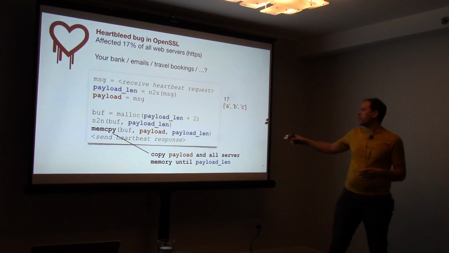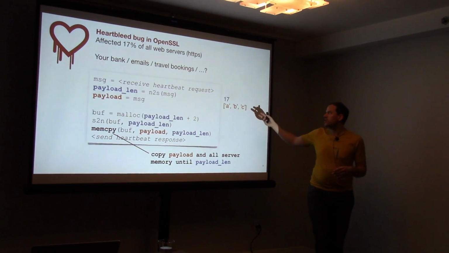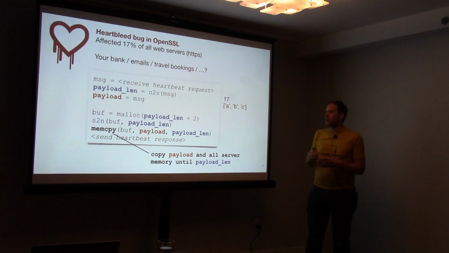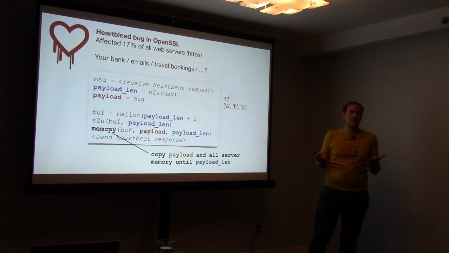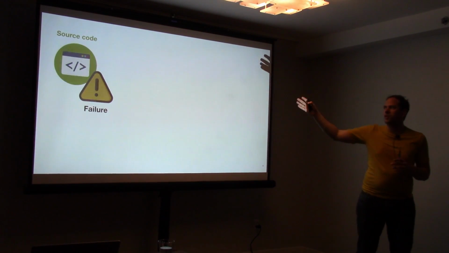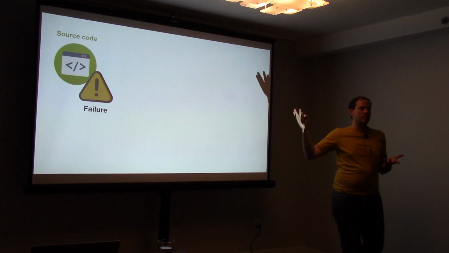And that's problematic, right? Our payload only has 3 values, and we try to read 17 values, so we read far beyond the buffer, and we just read from memory and send it right away. Not so good.